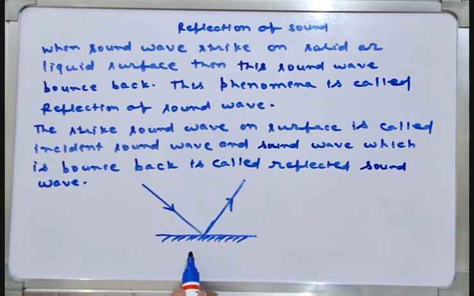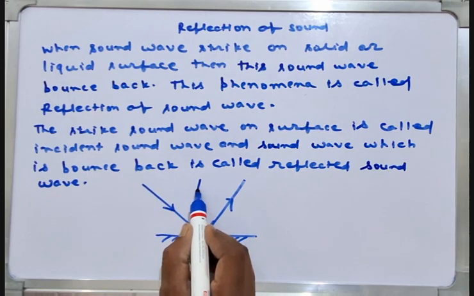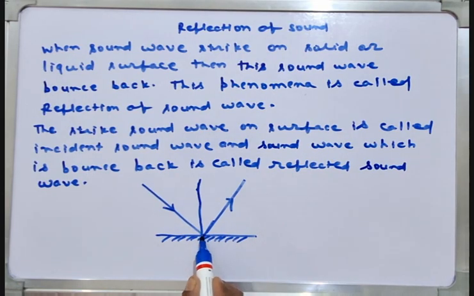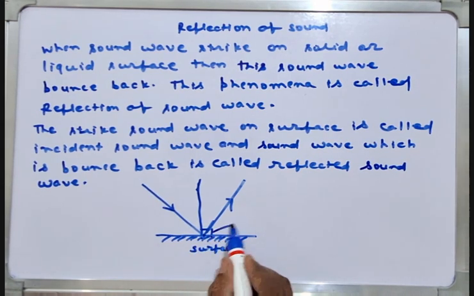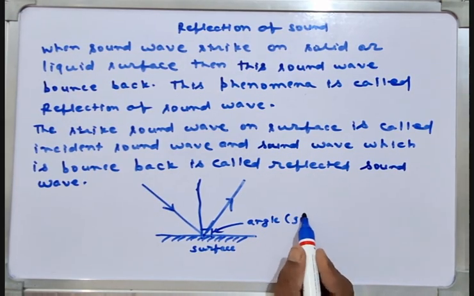Okay, so if you draw a normal to the surface at the point of incidence and reflection, then you will see like this one. So normal means what, guys? If this one is a surface, then this line is normal, so this will make an angle of 90 degrees here.